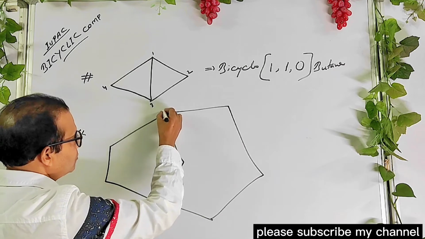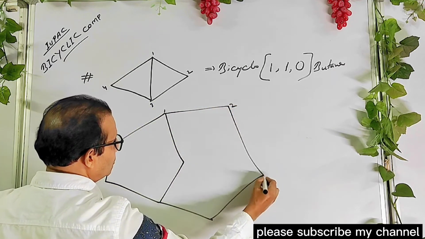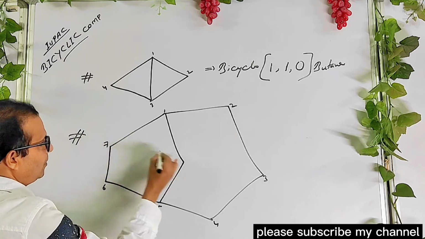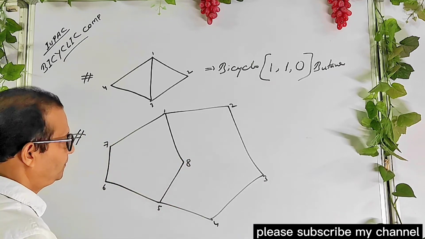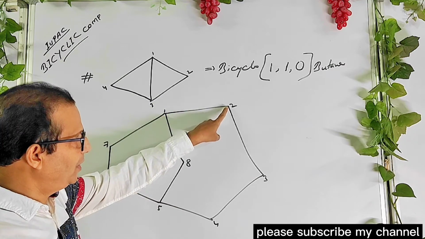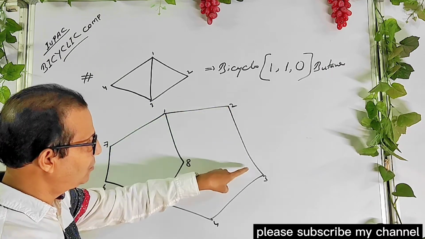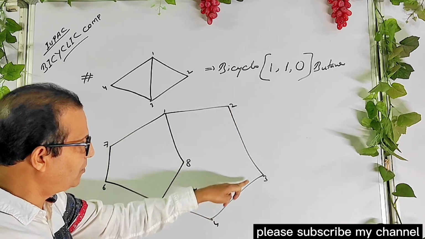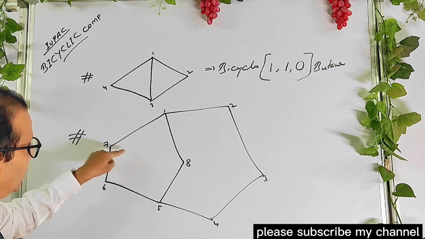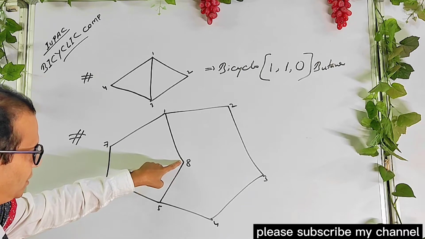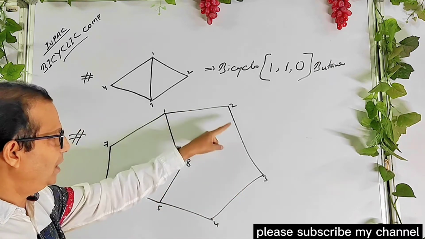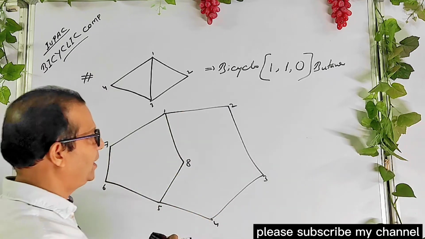So here it is 1, 2, 3, 4, 5, 6, 7, 8. These are the carbon bridges: 1 carbon, 2 carbon, 3 carbon. So here a 3 carbon bridge, here a 2 carbon bridge, here only a 1 carbon bridge. Mention the carbon bridges in decreasing order under bracket.